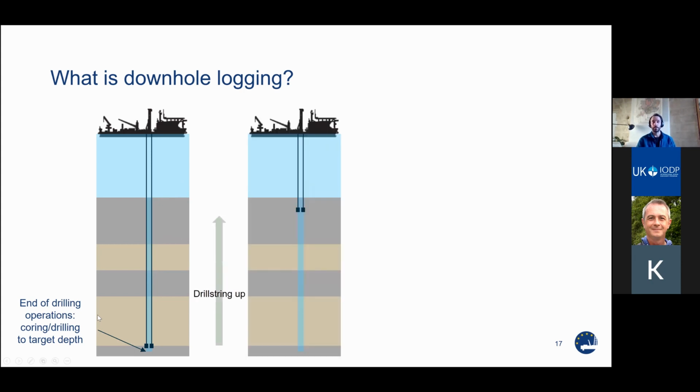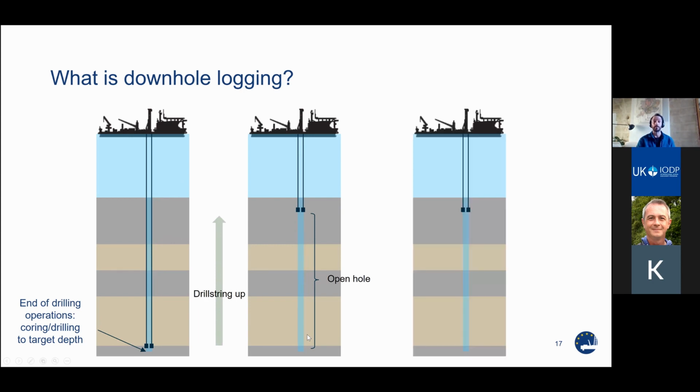And then depending on the quality of the hole and the formation, it can be done in multiple stages, but in a perfect world, let's say, we can bring the drill string up, still connected to the seafloor, obviously, to guide the tool from the boat to the borehole. And we will focus on preferably collect data in this open hole, so we have direct measurement of the formation in situ.